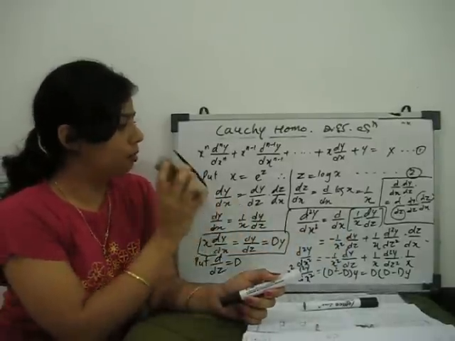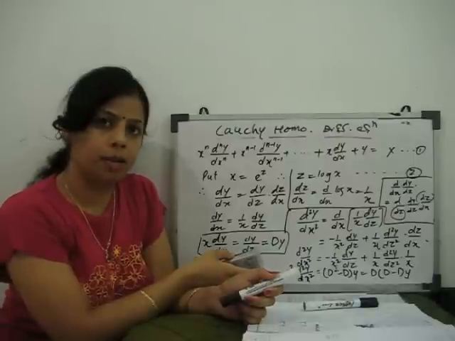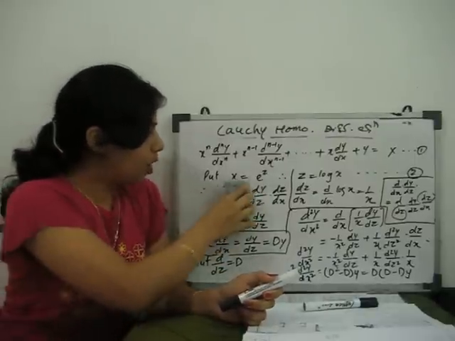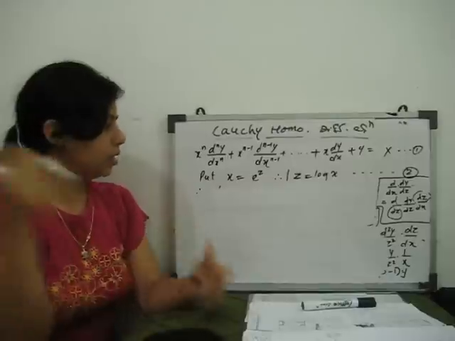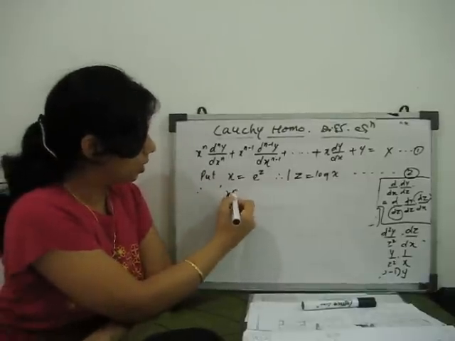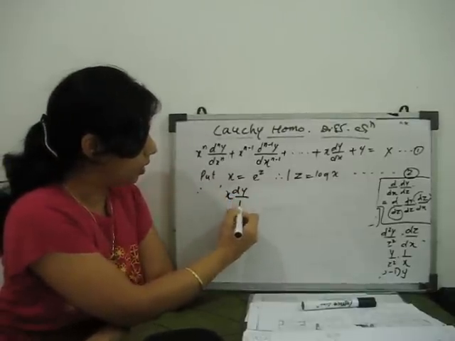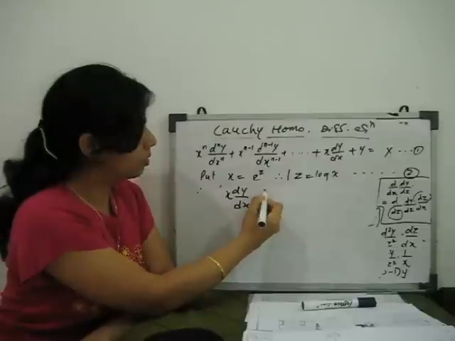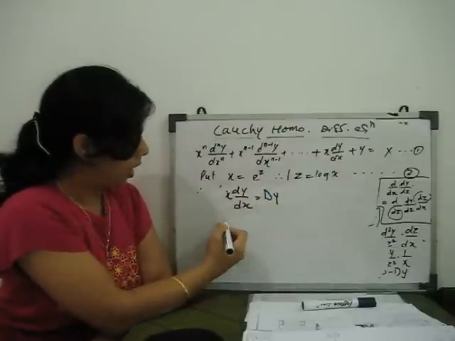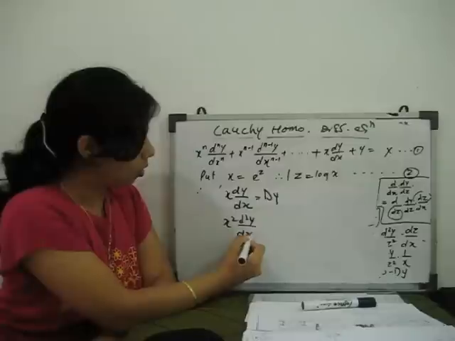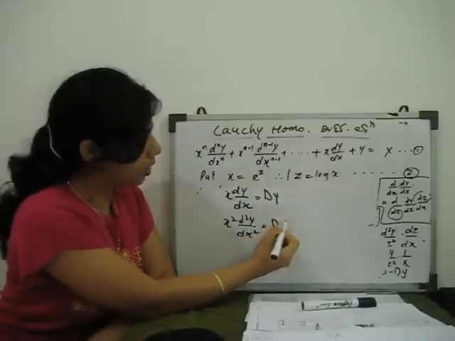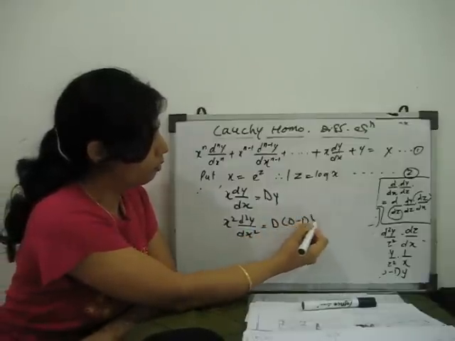This is how we replace. Now I show you the replacements. Our x dy by dx is replaced with D of y. x square d2y by dx square is replaced with D into D minus 1 of y.